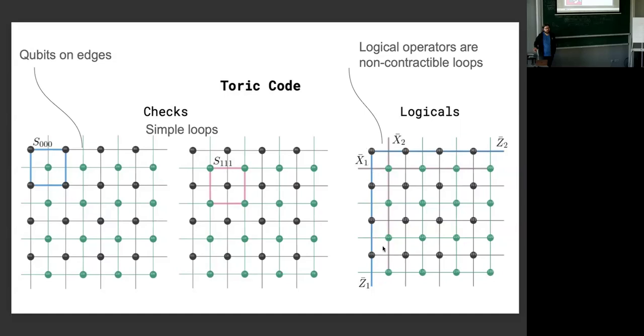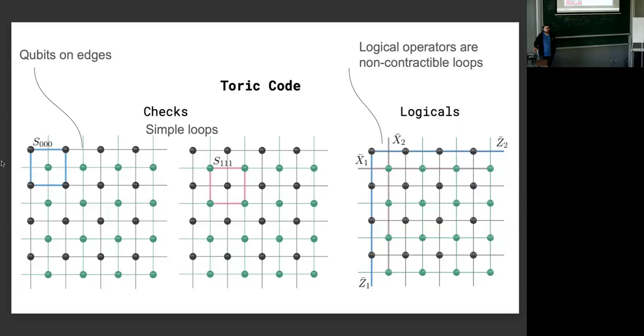Then, if some chain crosses it, it could trigger it. Also, what we can do with chains, we could catch endpoints. Because we need our parity checks to commute with logical operators, they both need to be loops. So this is a bunch of loops, and these loops can act on a chain with endpoints.